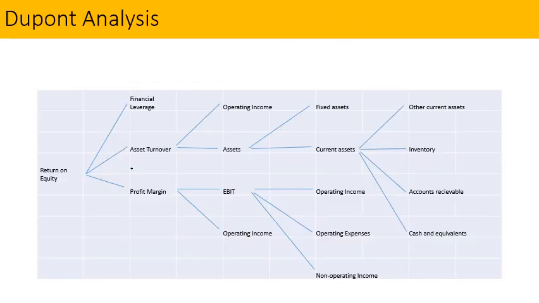Now we come to the end portion of this video where we analyze all four types of ratios, starting from liquidity for short term, solvency for long term, profitability for how much it is generating profit on a given equity or assets or revenue. Then finally comes the activity ratio, which gives you an overlook of how efficiently a company is operating.